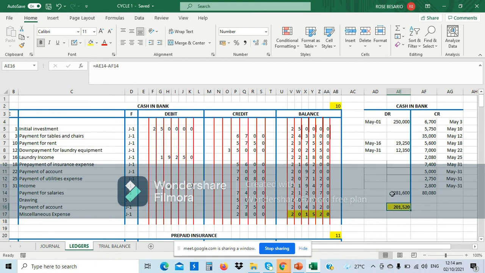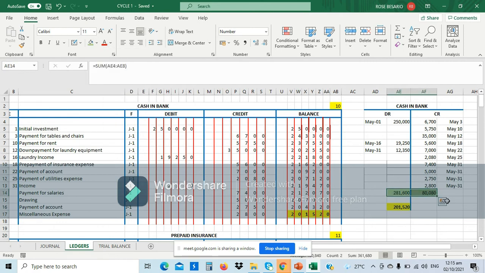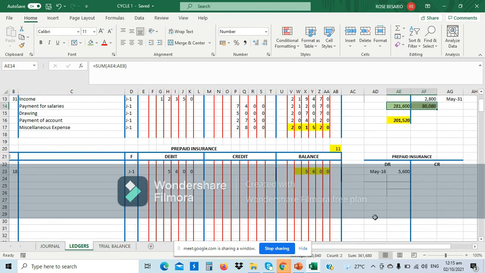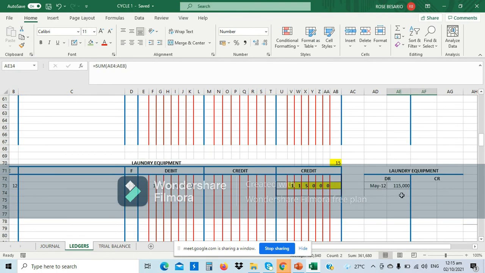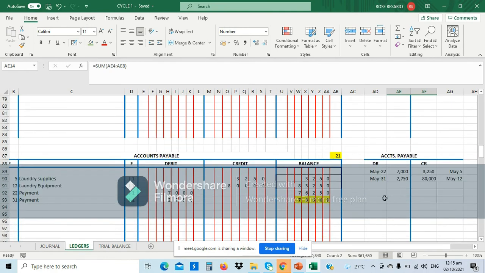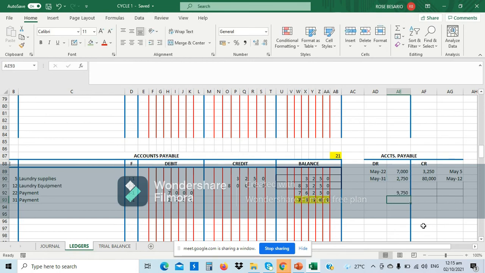Okay, so get the total, the balancing amount, or the figure. Total debit, total credit, and get the difference. So you have a debit balance for cash of 201,520. Then for this one, no need to, because there's only one entry. Okay, so I have total debit of 9,750.